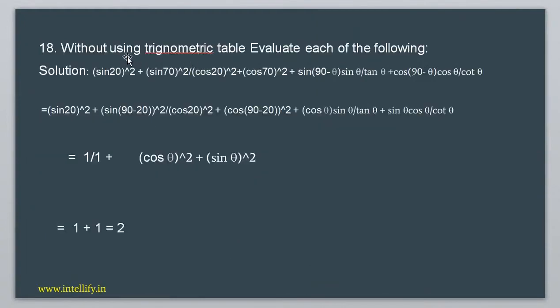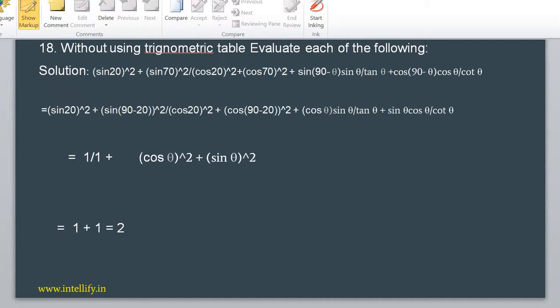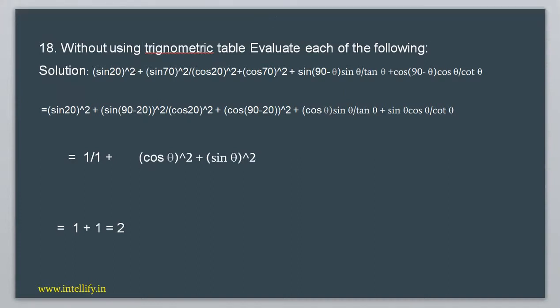Without using the trigonometric table, so we don't have to use the trigonometric values of sin 20, sin 70, and so on, we have to evaluate the expression given here. We have sin 20 whole square plus sin 70 whole square by cos 20 whole square plus cos 70 whole square. So we'll take this question part by part.